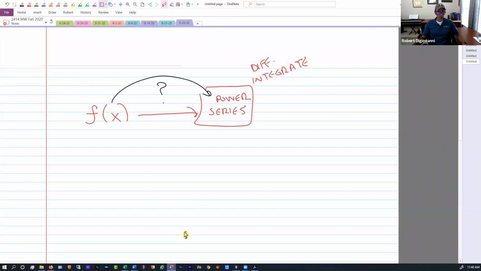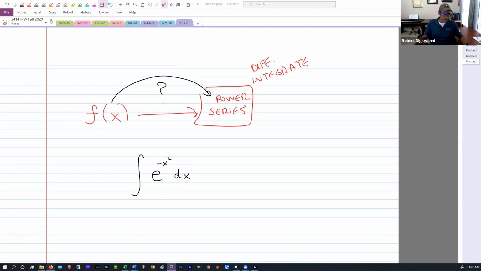There's a famous function: e to the negative x squared. No matter what I ever teach you, you'll never be able to find the antiderivative of that. The antiderivative of that does not exist as a function. However, if you're allowed to do a power series, then you can do it.